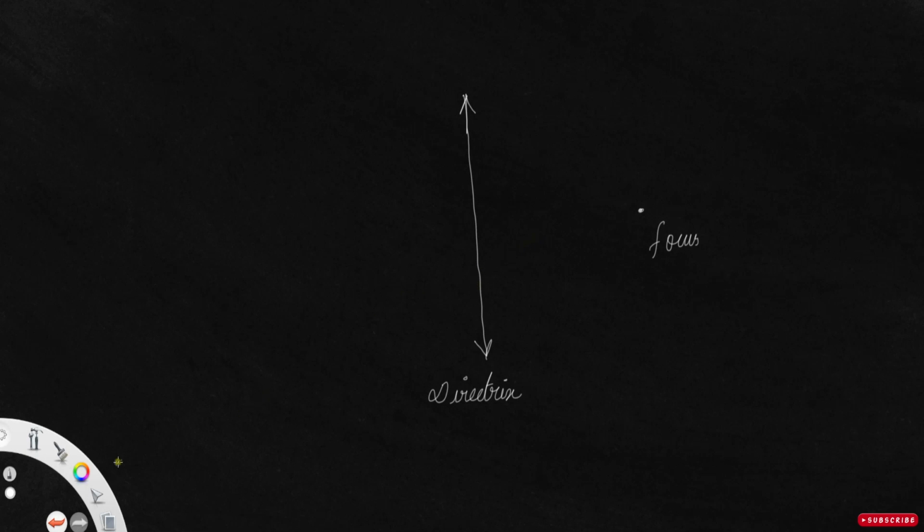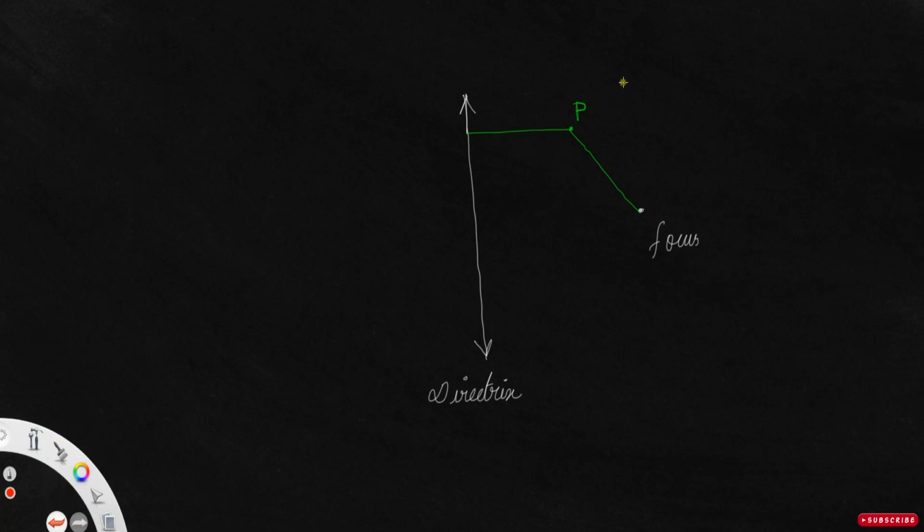By the definition of a parabola, if I take a point P on the parabola, the distance of this point from the line, that is the distance of the point P from the directrix, must be equal to the distance of the point P from the focus. That is, the locus of all points which are equidistant from the directrix and this fixed point, the focus, is the parabola.